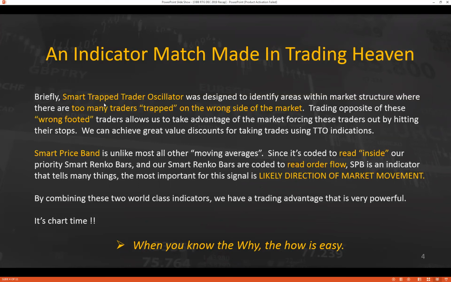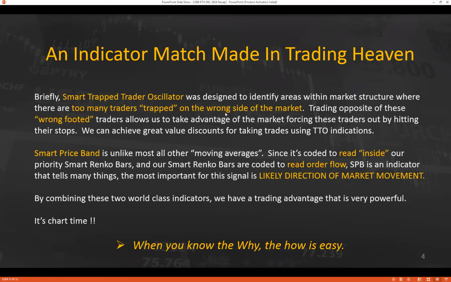But to be brief, Smart Trap Trader Oscillator was designed by World Cup trading champion and one-time largest E-mini trader in the world, Rob Mitchell, to identify areas within market structure where there are too many traders trapped on the wrong side of the market. Now, this happens many, many times a day, over and over. We know this because in the past, we have often been on this wrong side of the market.